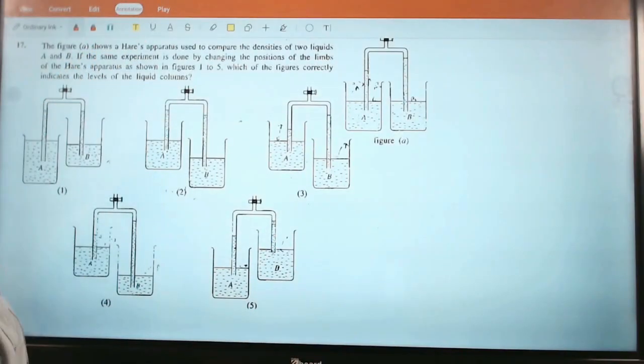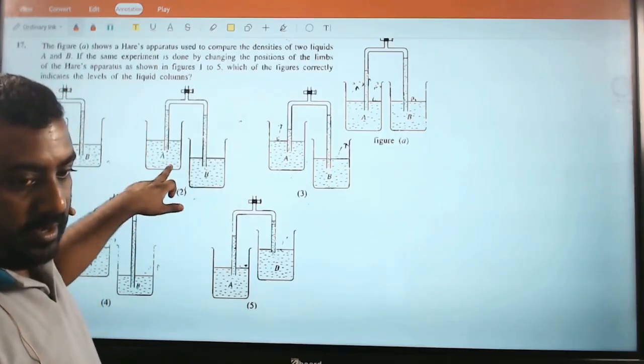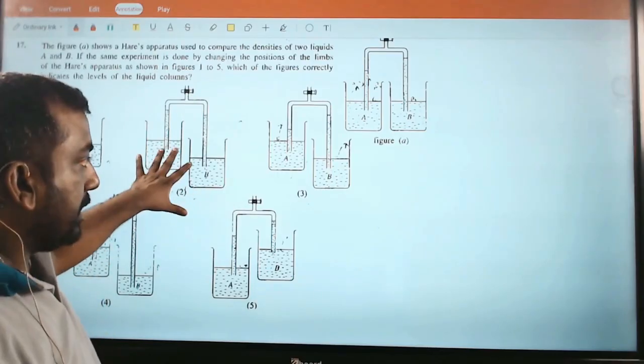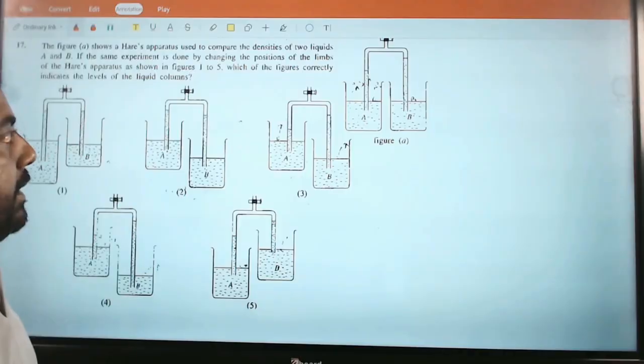Question 17. The figure shows Hare's apparatus used to compare the density of two liquids A and B. If the same experiment is done by changing the position of the limbs, does the height depend on the location of the beakers? No, it is independent.